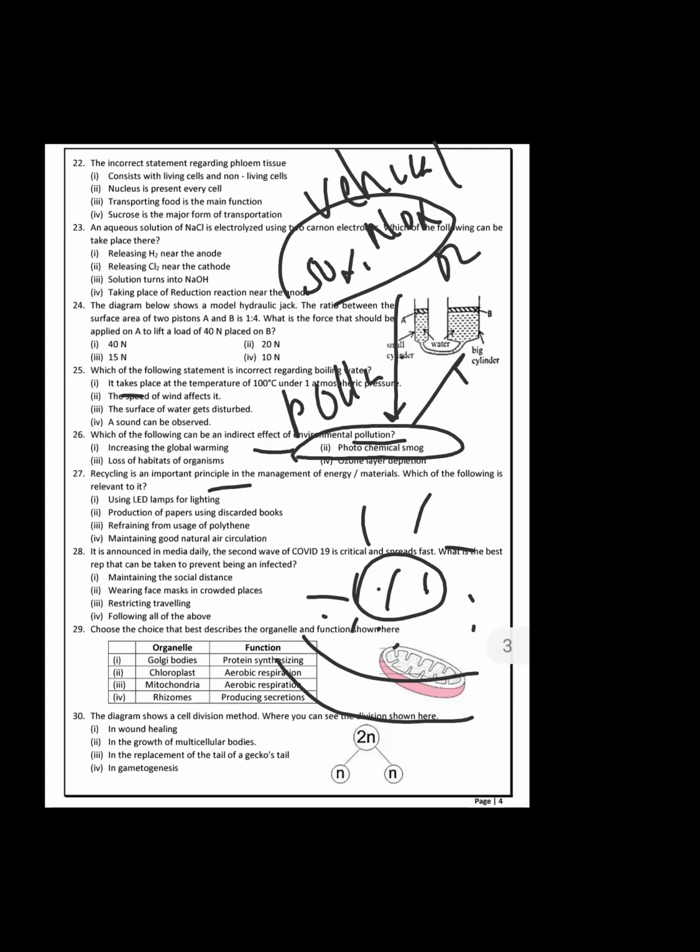What is the answer? Number 27. It is easy now: production of paper using discarded books. That is the thing. Yeah, number 2, thank you.